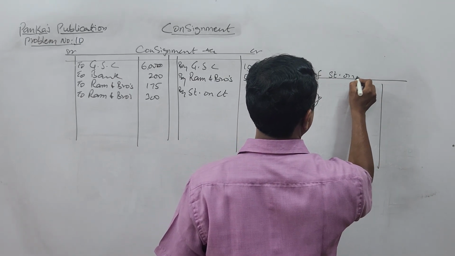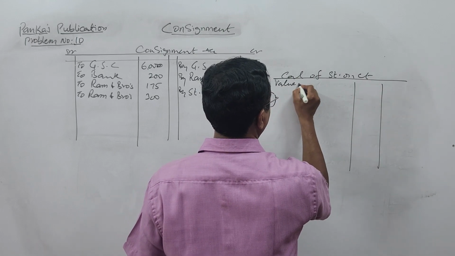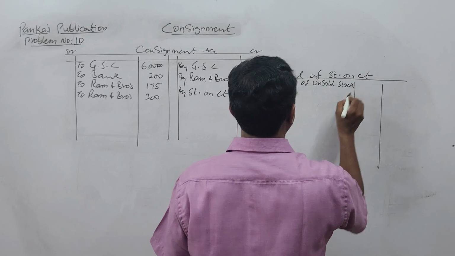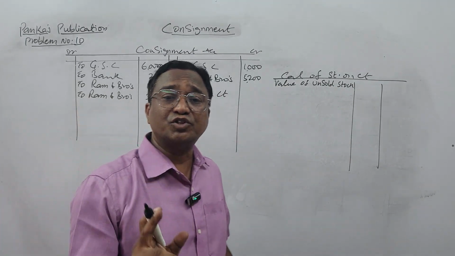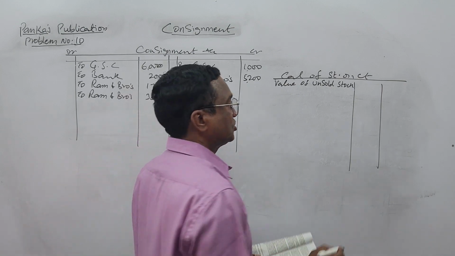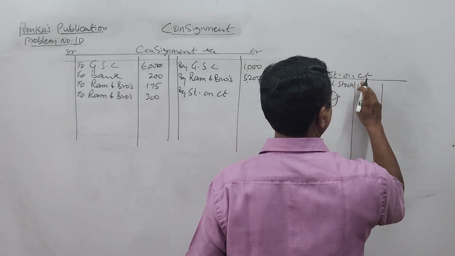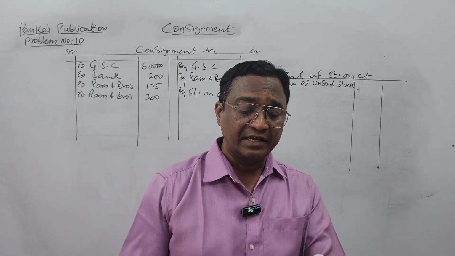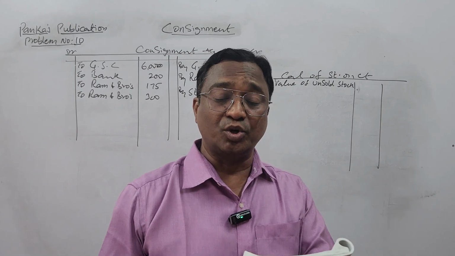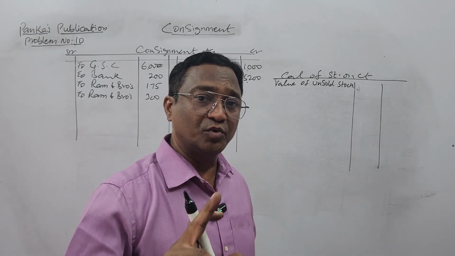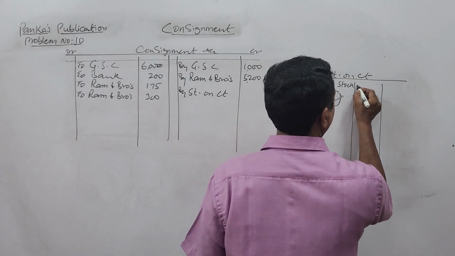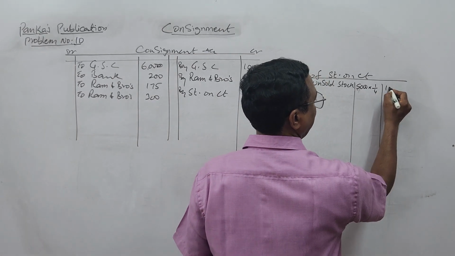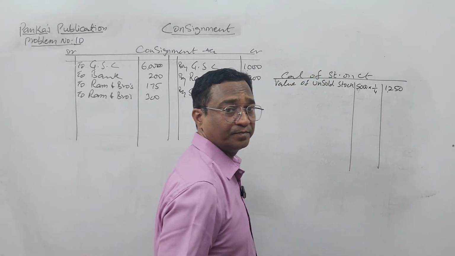Calculation of stock on consignment. Value of unsold stock: 3/4 sold means 1/4 is unsold. Total goods sent is actually 6,000, and you would calculate on 6,000, but it is very clearly mentioned in the question that unsold stock was valued at actual cost. So no need to calculate on invoice price. We will calculate on cost price. Cost price is 5,000 into 1/4 unsold, so balance value is 1,250.